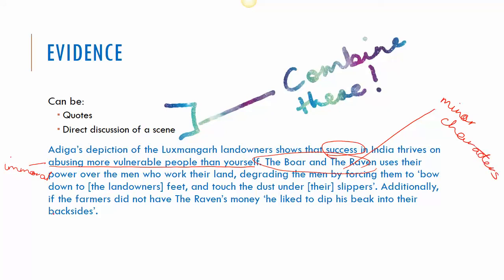And then I've got my embedded quotes. So notice that I've put it into my own language, degrading the men by forcing them to, and then I've got the quote, bow down to the landowner's feet, and then I've got those square brackets that say I changed something, but it hasn't changed the meaning of the text. Okay, and I've done it here too, to make the embedding work nicely. So that's my evidence.